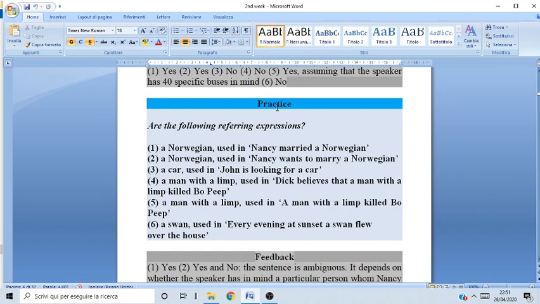Same thing with this other practice. Are the following referring expressions? Number one, a Norwegian, used in Nancy married a Norwegian.